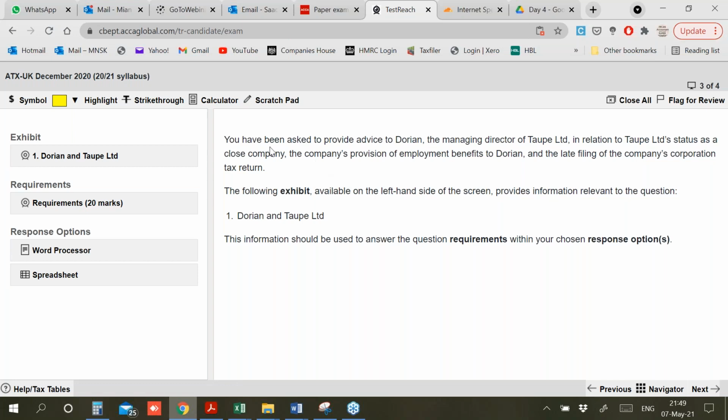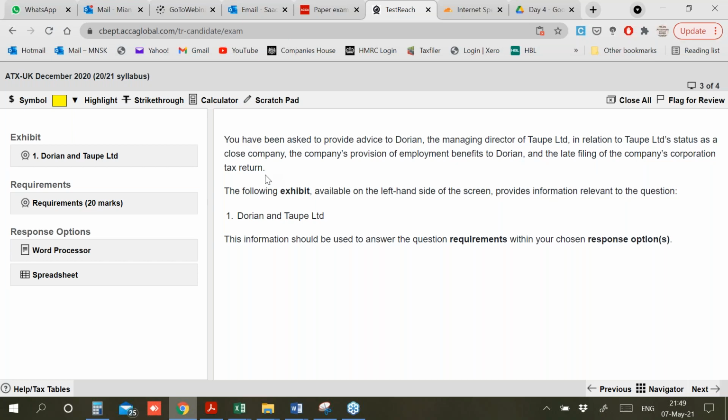So you have been asked to provide advice to Dorian, the managing director of T Limited, in relation to T Limited's status as a closed company, the company's provision of employment benefits to D, and the late filing of the company's corporation tax return. So these are the three matters.